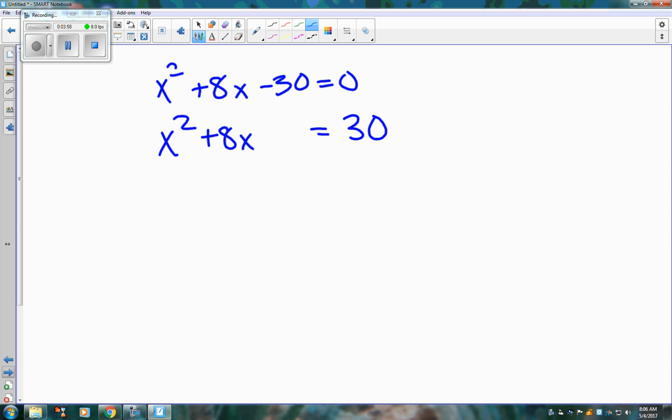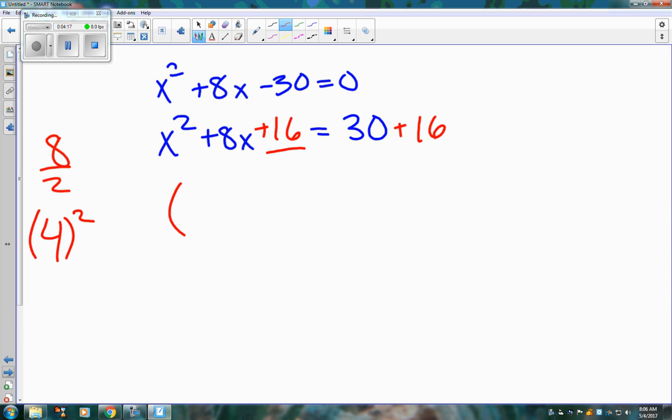To find what goes in here, I have to take 8, divide by 2. What do I get? 4. What's 4 squared? What I do to one side, I have to do to the other.